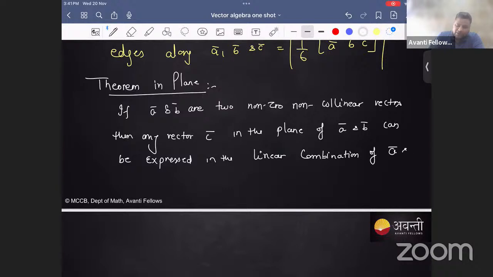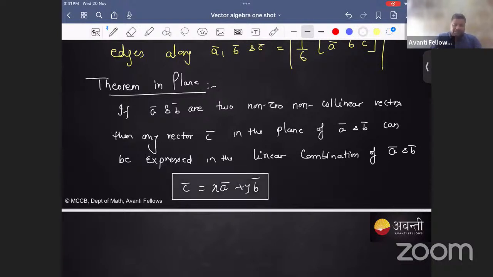So if A and B are two non-zero, non-collinear vectors, then any vector C can be expressed as a linear combination of A and B if this C is coplanar with A and B. That means C can be written as x vector A plus y vector B, if A, B, C are coplanar, meaning if box ABC is 0.